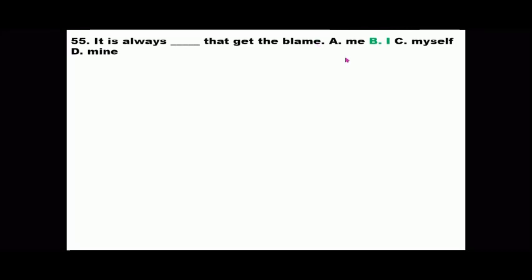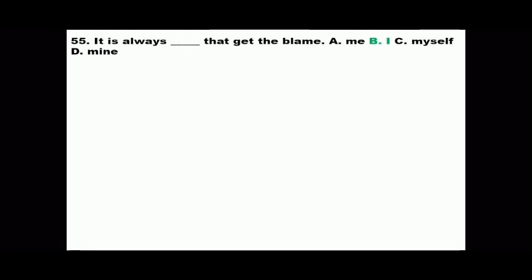In most cases, when people say it is I or it is me, they get confused about which one to use. Increasingly, in modern times, a lot of people prefer to use it is me, but that is in informal situations.